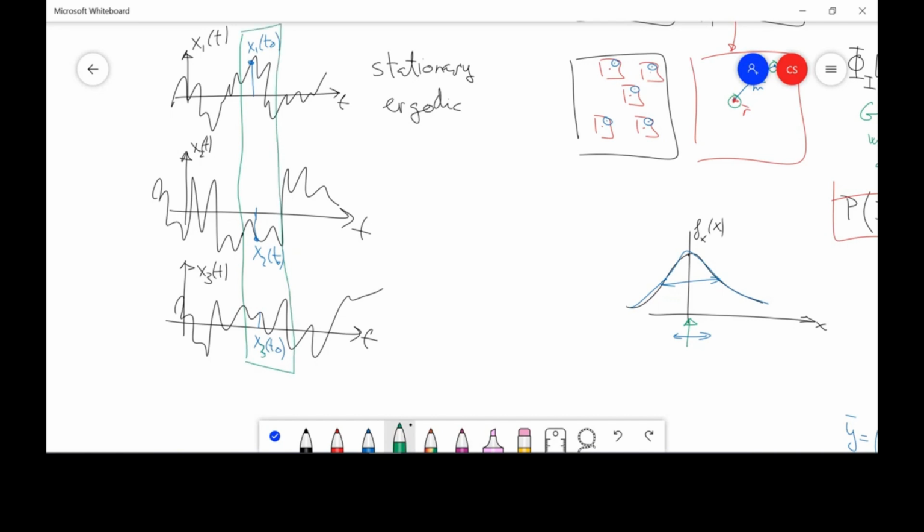At t naught, this random process x of t has a particular mean. What is the expected value of x at t naught? If I observe it many times, I can compute the average, and that will be an estimate of that value.